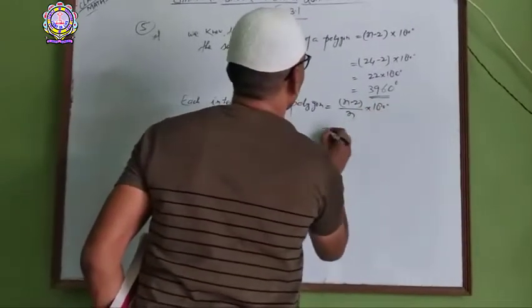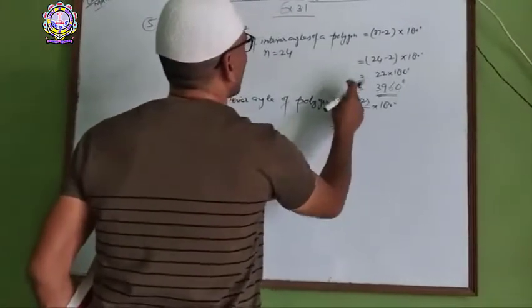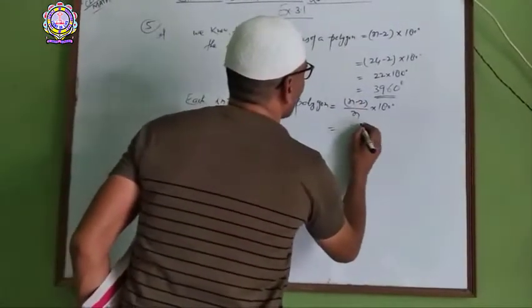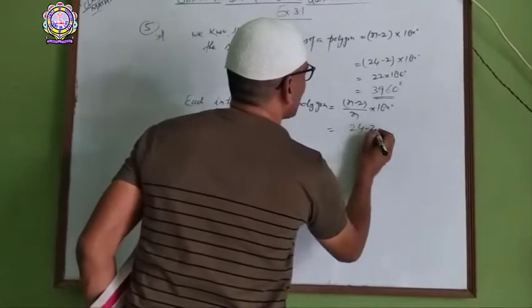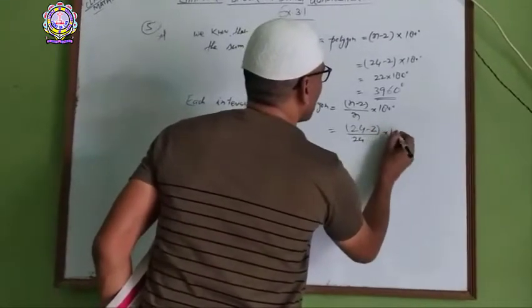This is the formula for each interior angle of the polygon. We have put n is equal to 24. Therefore, you will get (24 minus 2) upon 24 into 180 degrees.